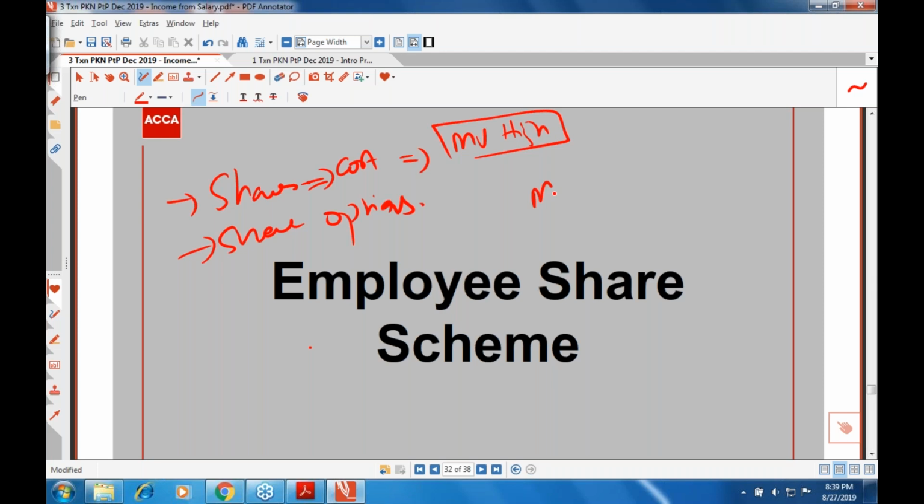For example, if the market value of the share is 25 and the employee is being given the share at 10 rupees, that means a 15 rupee benefit is given to the employee.